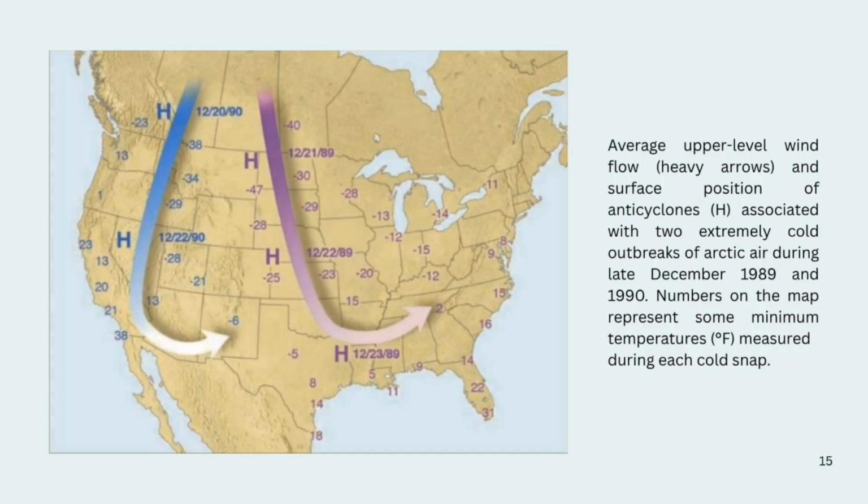The H represents the positions of the cold surface anticyclones. Numbers on the map represent the minimum temperatures in Fahrenheit recorded during the cold spells.